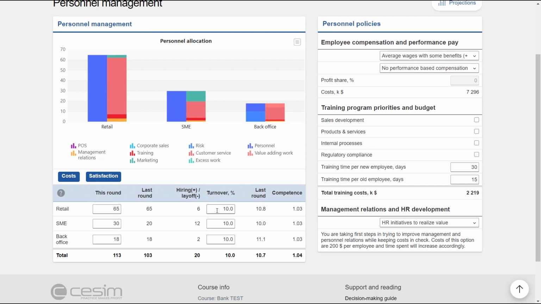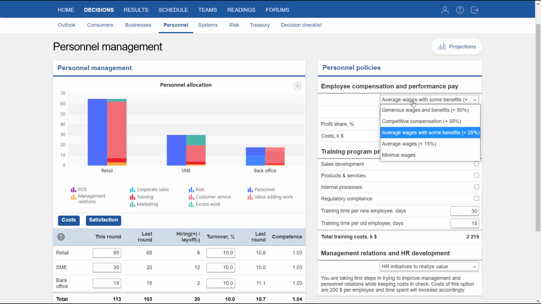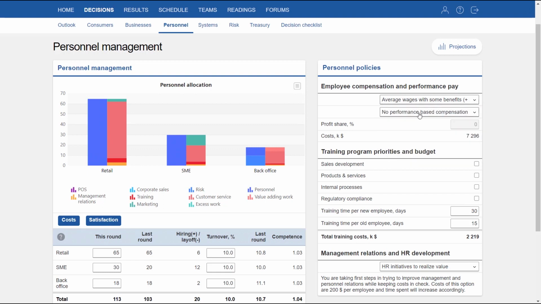Here we make an estimation about the personnel turnover, and if we have a high turnover, then it means that we also need to spend time and money on hiring additional people if we want to maintain the same level of activity. Employee compensation and performance pay decisions are done here, so I can decide what type of salary packages I offer, 5 different options.